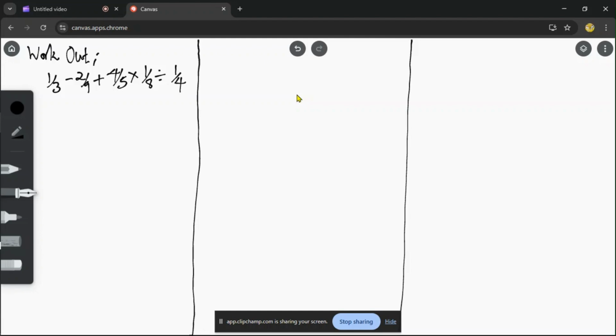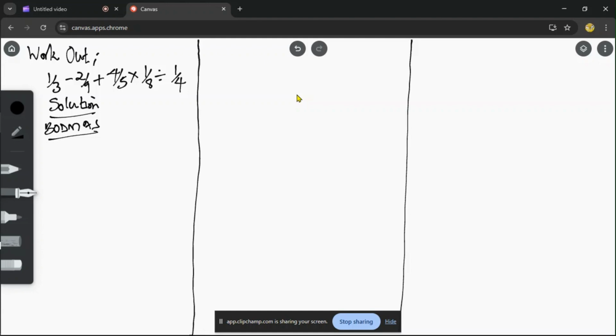I believe that you have a paper with you or somewhere you're writing so that you are able to solve these together. So the solution for this, I will have to follow BODMAS because you have different operations. We have subtraction, we have addition, we have multiplication, and we have division.